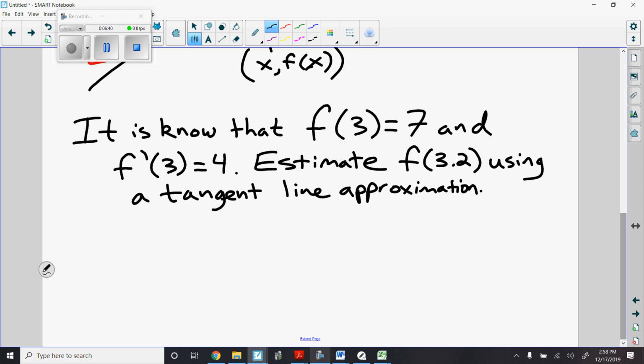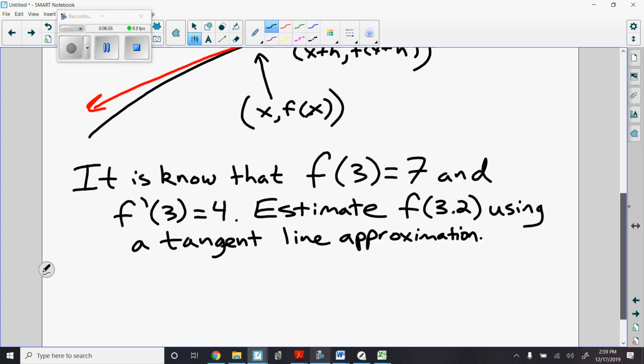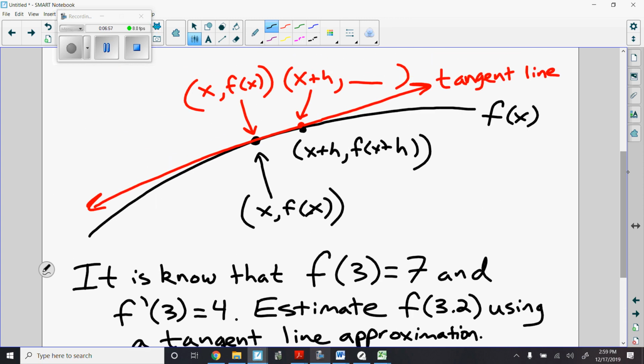So to figure out an estimated value for f of 3.2, what I'm actually going to do is write the tangent line, and then plug 3.2 into my tangent line. Going back to our picture here, this is the point (3, 7), and I want to know this point, which I'm going to call (3.2, blank).